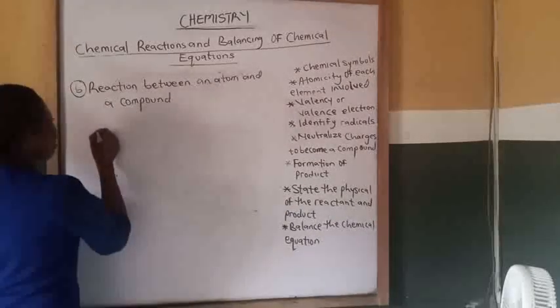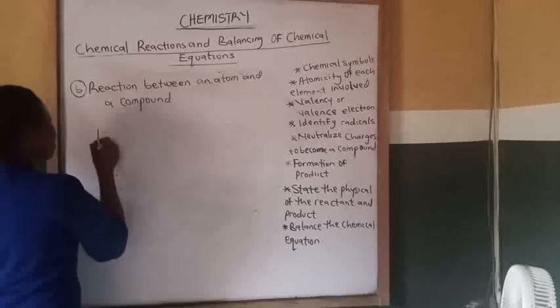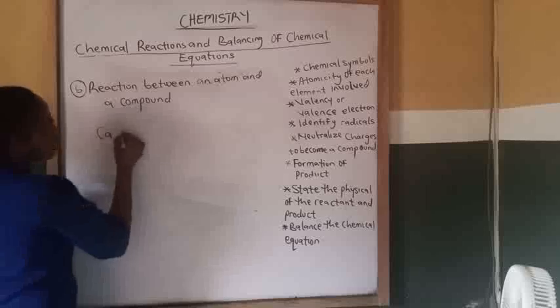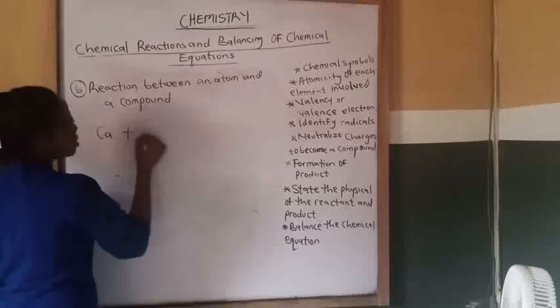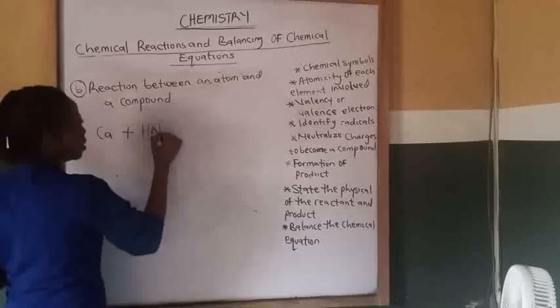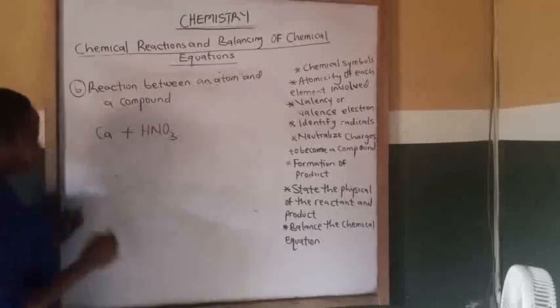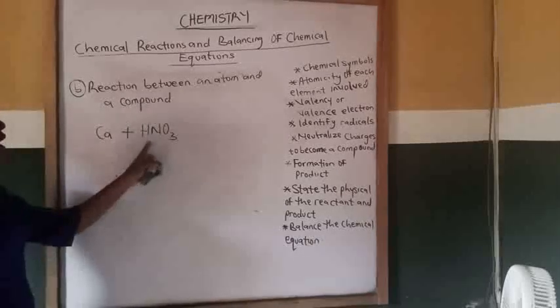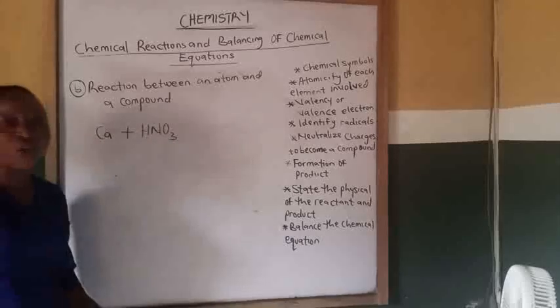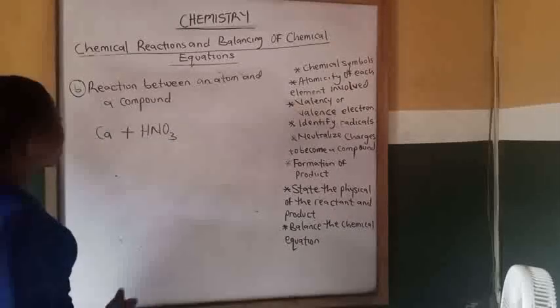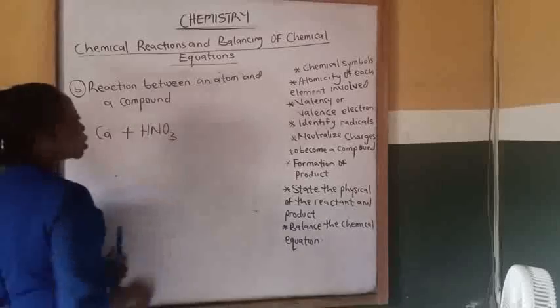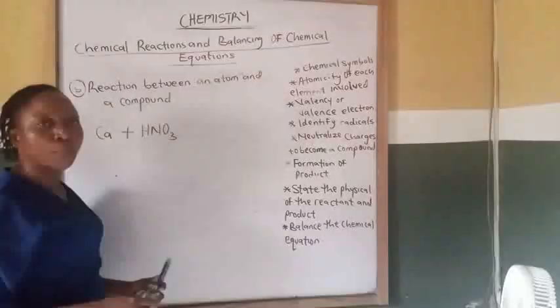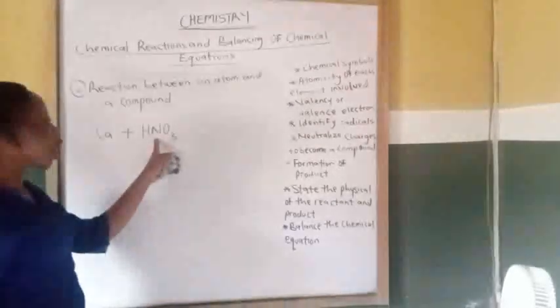So let's take a chemical reaction between calcium and HNO3. Now calcium is an atom, while HNO3 is a compound. So when you have a compound during a chemical reaction to form your product, you have to split that compound.